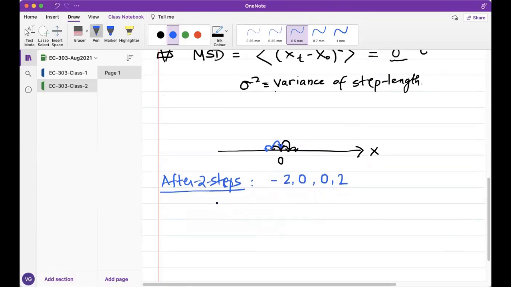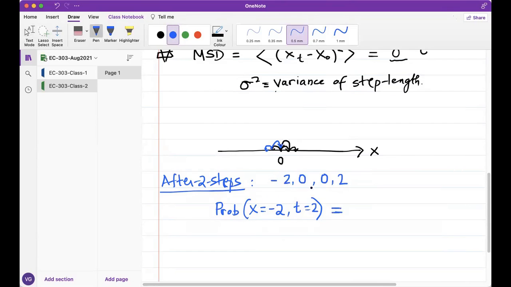Now, what is the probability? Let's ask this question: the probability that the location of the animal is -2 after 2 time steps. This notation basically means, what is the probability that x is equal to -2 at time step 2, after 2 hops?